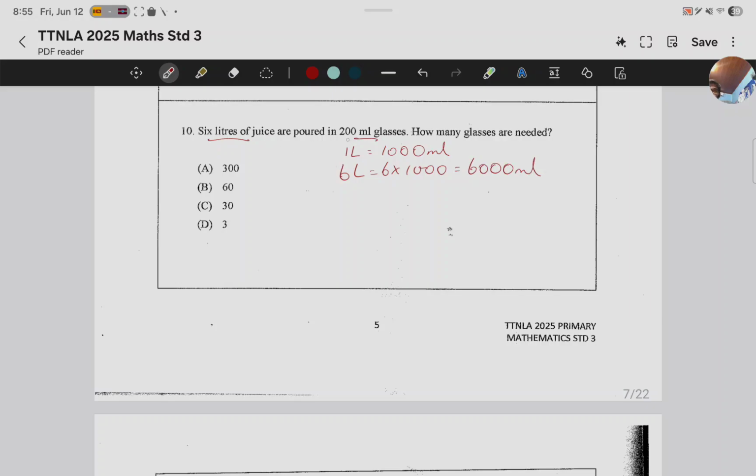To find out how many could fit, we divide. So 6,000 divided by 200. Again, both numbers end in zeros, so we can cancel the zeros. Now this becomes 60 divided by 2. 6 divided by 2 is 3. Add the 0 at the end, so we got 30.